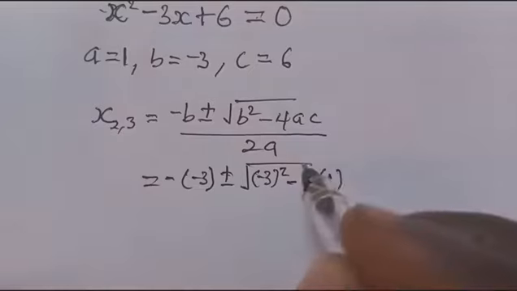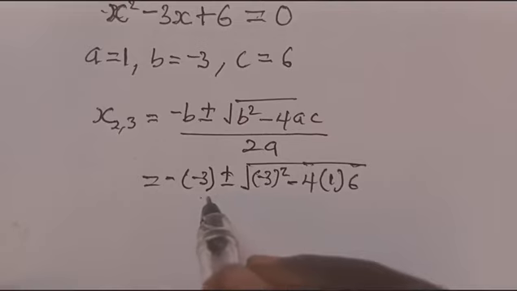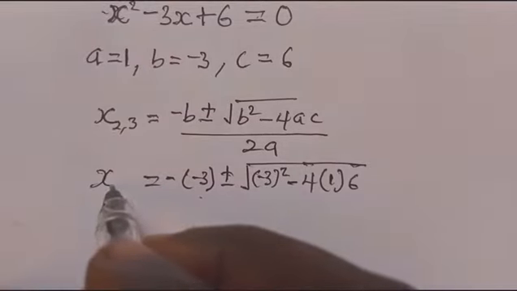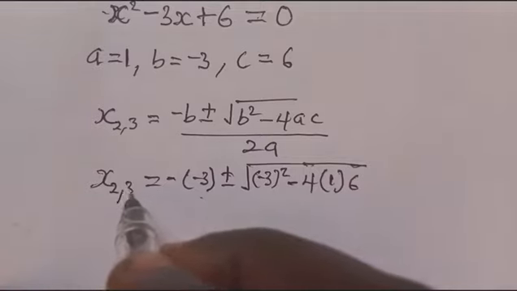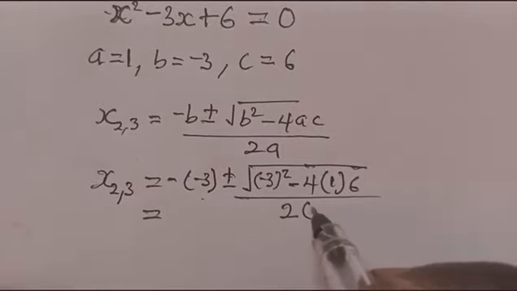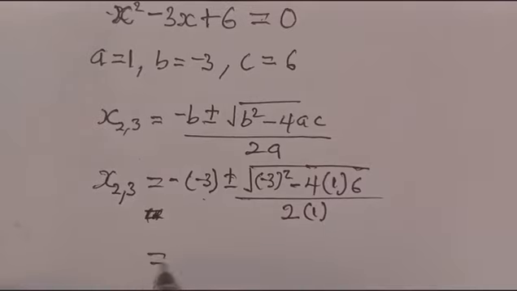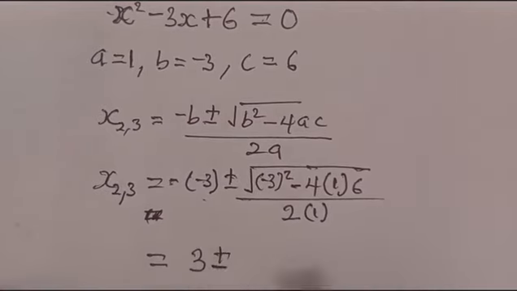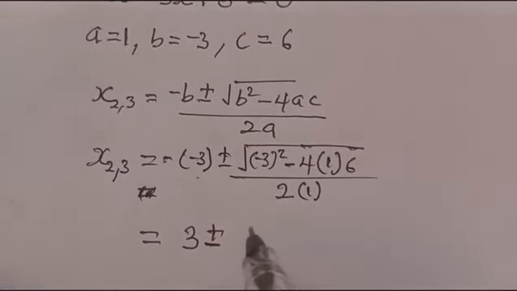Our a is 1, then our c is 6, divided by 2 times 1. So it means our x2 comma 3, minus times minus will give us 3 plus minus.